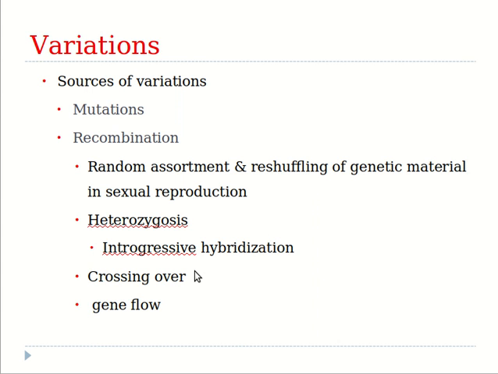Now crossing over happens during the process of meiosis, and it results in the exchange of genes between non-sister chromatids of homologous chromosomes. While gene flow is a migration of individuals from one population to another, and this may introduce new genes to the population.